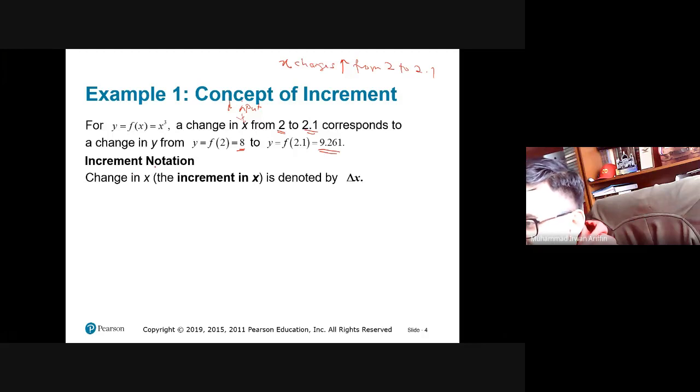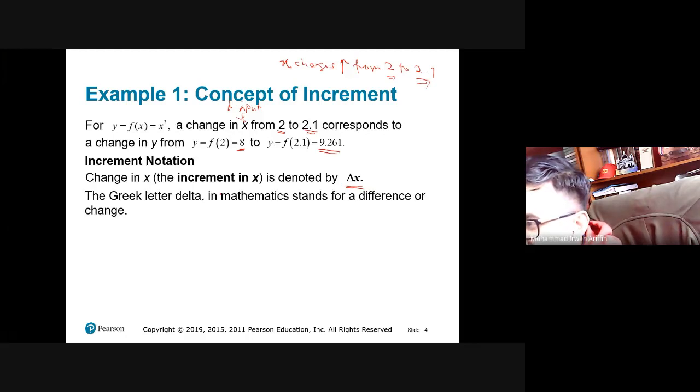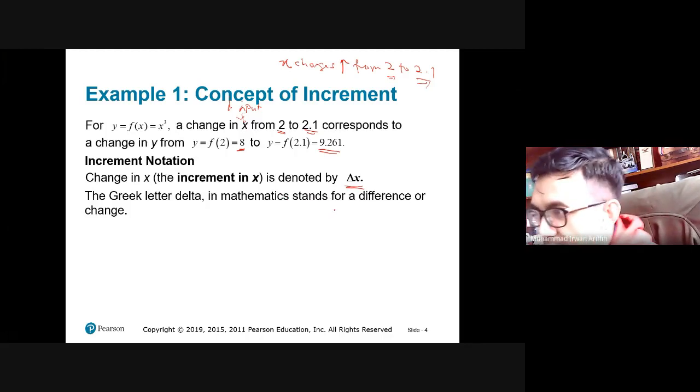Now, in the increment notation, the change in x, where x has increased from 2 to 2.1, is denoted by delta x. The Greek letter delta in mathematics, the uppercase delta, is used to represent the difference or change.